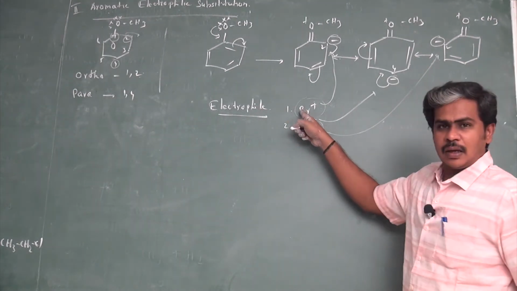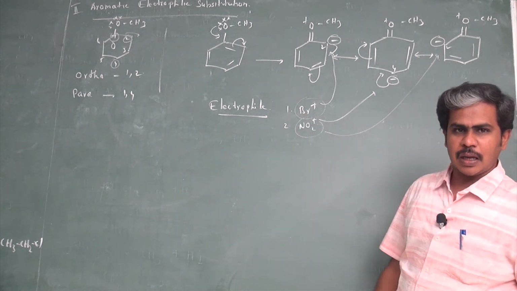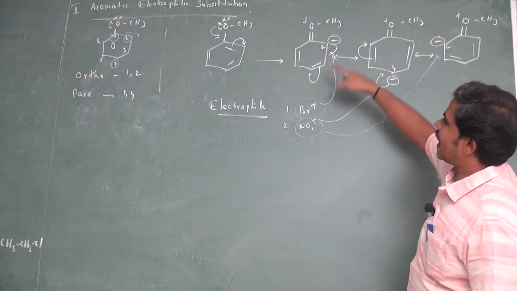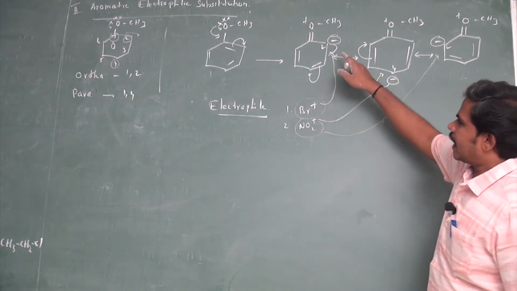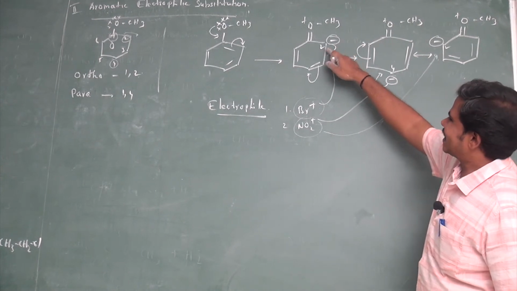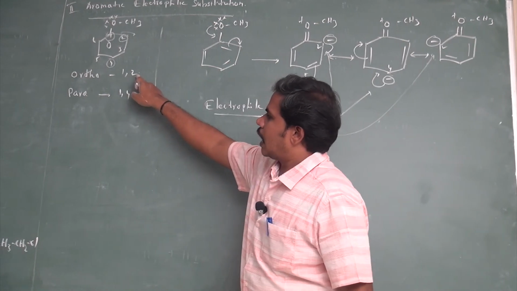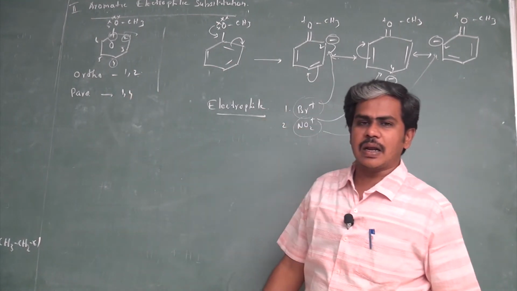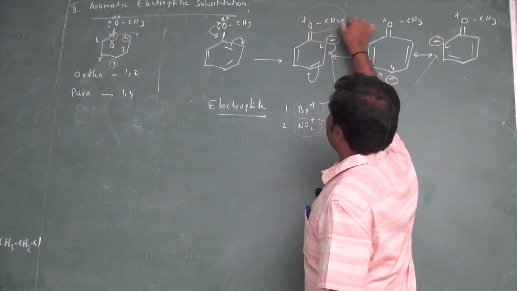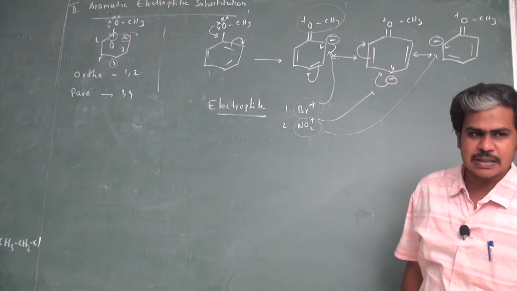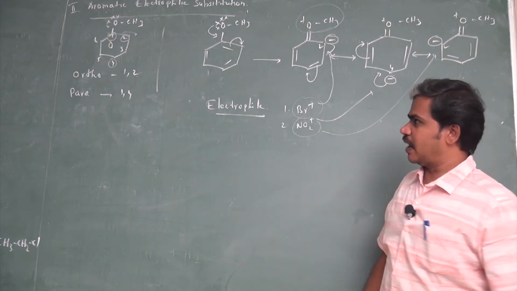The electrophiles, bromonium ion and NO2 plus nitronium ion, may attack the benzene nucleus where the negative charge is created, at the second and fourth positions, that is, the 1,2 position and the 1,4 position, which are called ortho and para. So this OCH3 group is considered an ortho-para directing group, and is called an activating group.